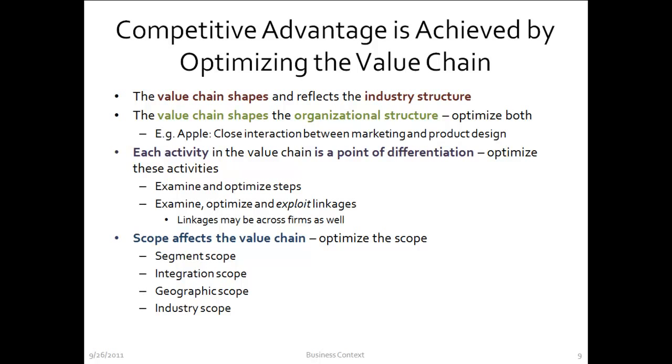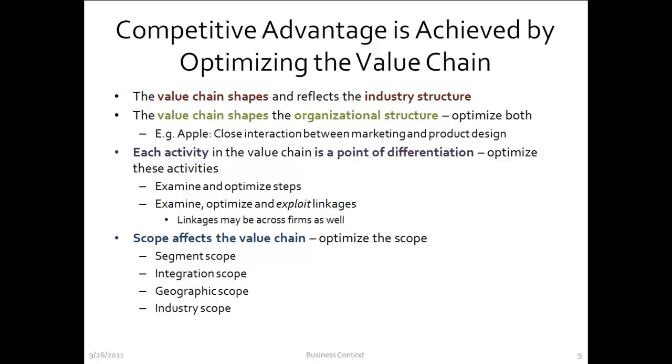What I mean by that is, there are all these different components within the value chain, each doing a different thing. The connections between these components, or whether particular components are merged or separate, will depend upon how the firm wants to compete. So Apple competes on product design.